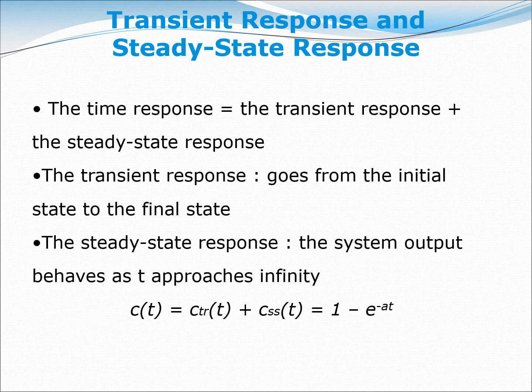So this is the general equation of the output that consists of two terms, the transient part and the steady state part. And this is one example of the equation of output response, which I think is a first order system.